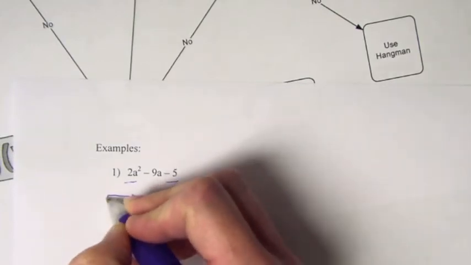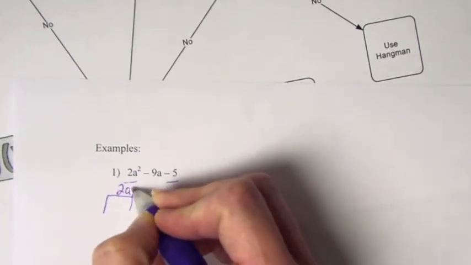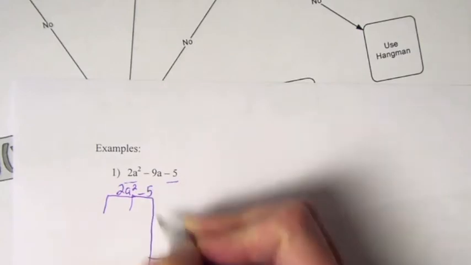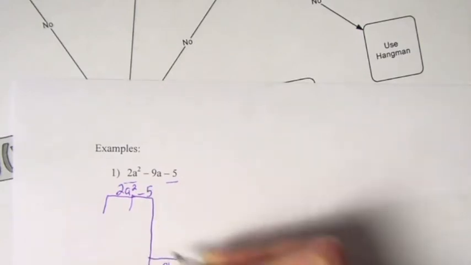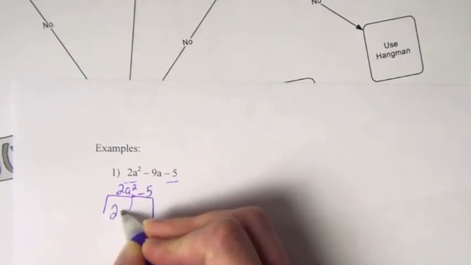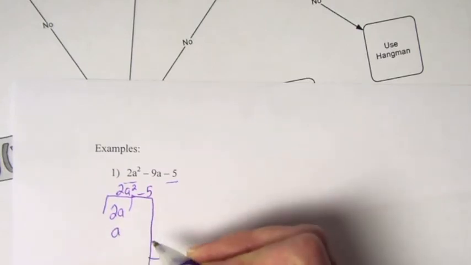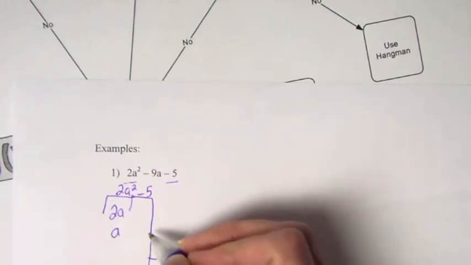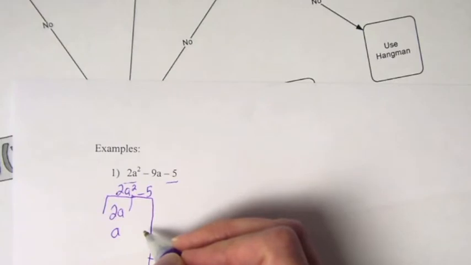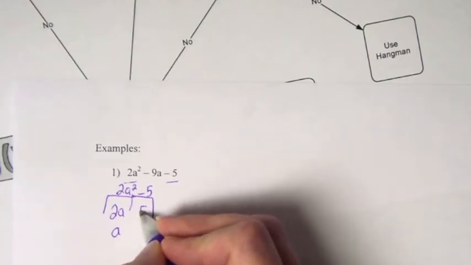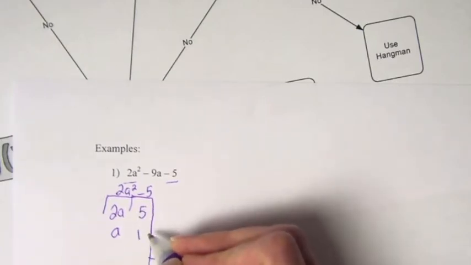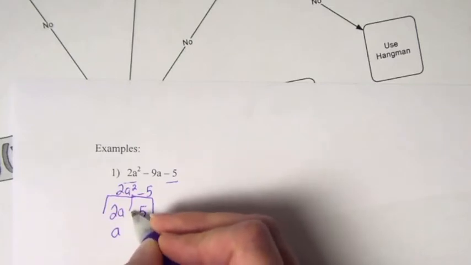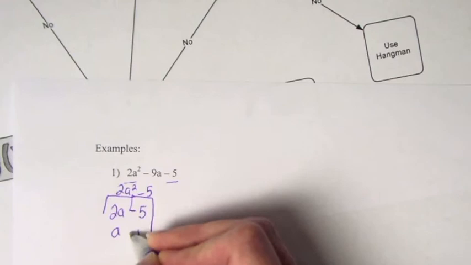Sorry, I made that a little narrow there. Okay, where we have 2a squared and minus 5 on top and then negative 9a on the bottom. 2a squared breaks down into 2a and a. And then for 5, we want 2 factors of 5. I think the 5 is going to have to go here and the 1 is going to have to go here. And we'll make the 5 negative. I think that's going to help us work it out.